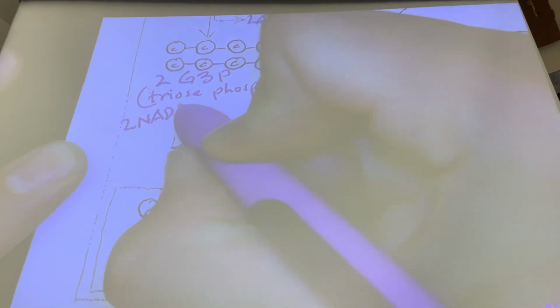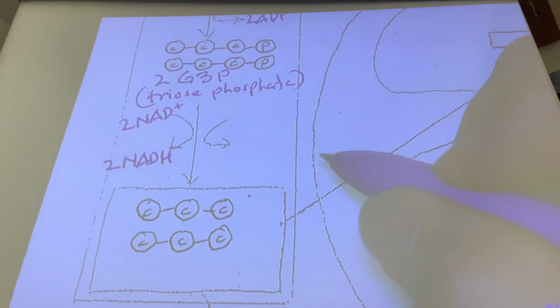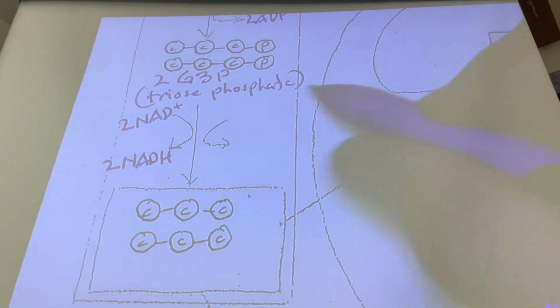First thing I'm gonna do is I'm going to remove a hydrogen from each molecule. So I'm gonna take 2 NAD pluses, and that's gonna give me 2 NADH molecules. Then the next thing I'm gonna do is make some ATP from it.